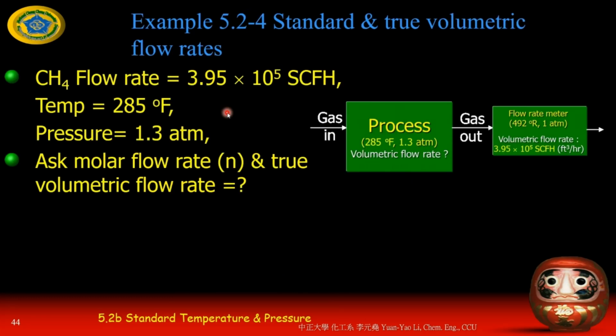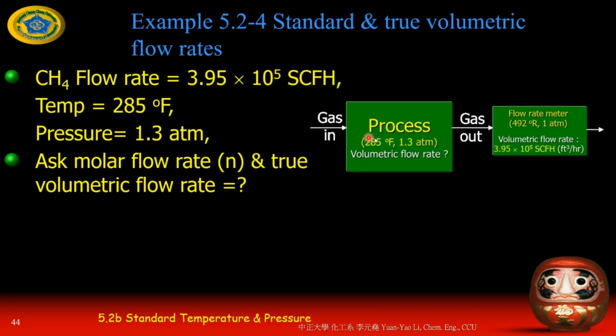Okay, so this is another example, 5.2-4, where you change from standard volumetric flow rate to true volumetric flow rate. This is methane, in the American engineering system. Standard cubic feet per hour is 3.95 times 10 to the 5th.